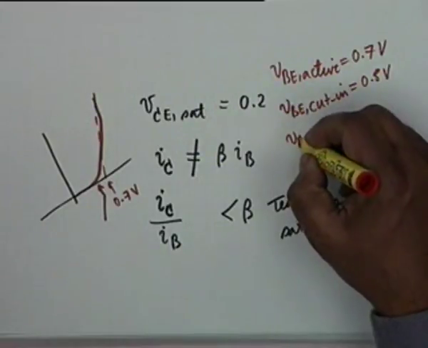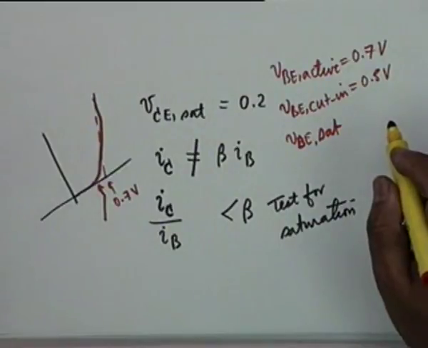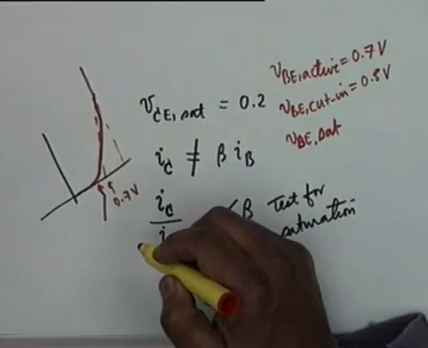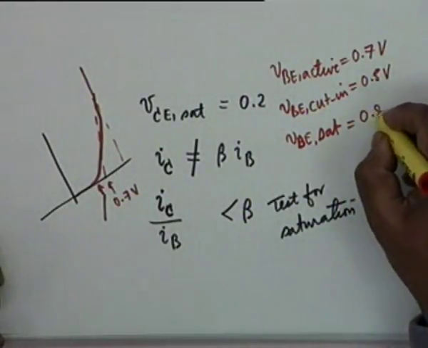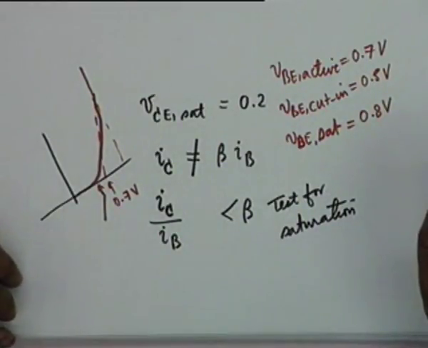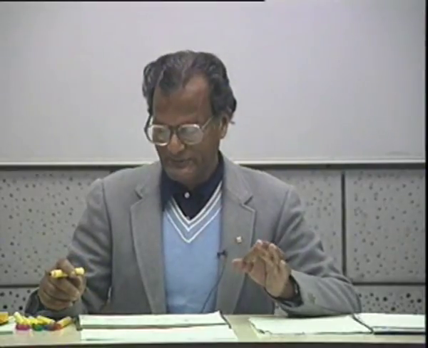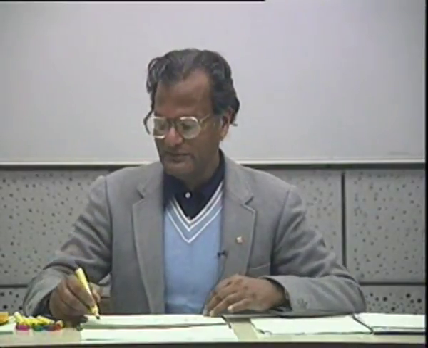And you see, when the transistor is saturated, this voltage after all cannot exceed a certain value, and this value is taken as 0.8 volt, VBE saturated. So under saturated condition of a transistor, VCE sat is 0.2, VBE sat is 0.8, VBE active is 0.7, and VBE cut in is 0.5.